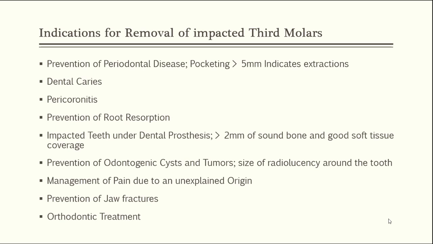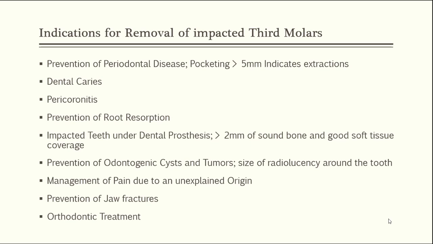Now, when do we go for removal or extraction of the impacted wisdoms? We go for extraction first to prevent periodontal disease. If there is a pocket distal to the second molar of more than 5 mm, this indicates that this tooth must be extracted. Caries in the wisdom, or caries in the 7 due to the wisdom.